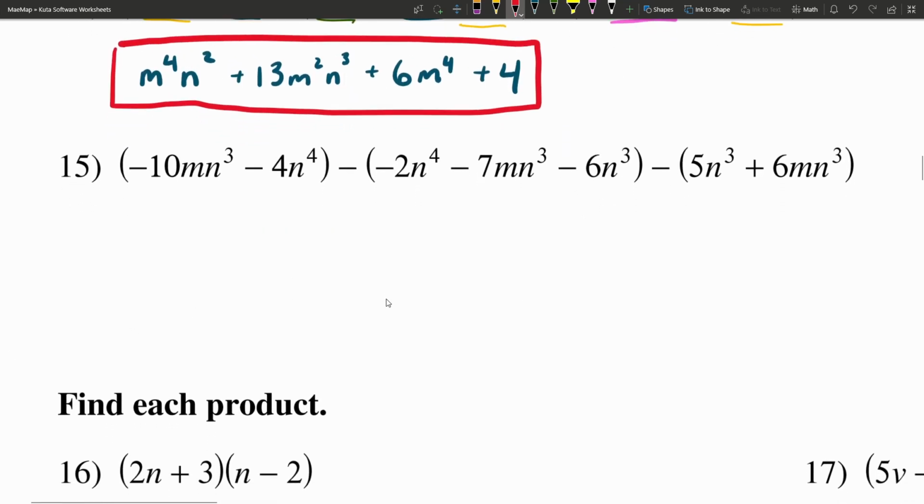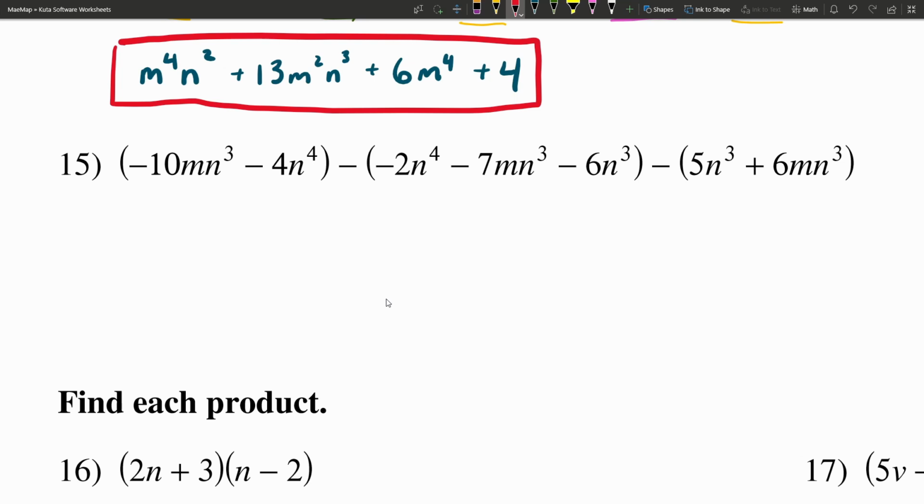Now on to number 15. Again, let's start with those highest degree combinations. That's going to be m times n cubed. And if you notice, we have 1, 2, 3 separate terms through the combination of all our polynomials that have m times n cubed. So starting with negative 10m times n cubed, we're going to be subtracting a term that is subtracted.